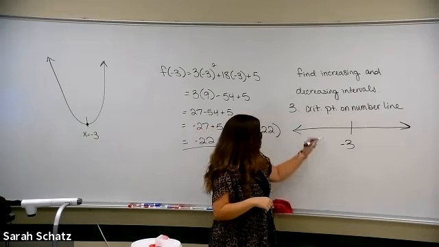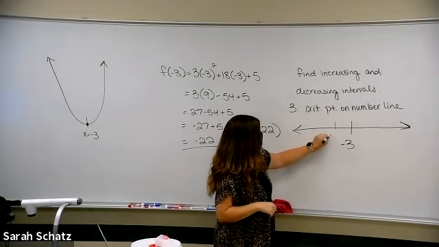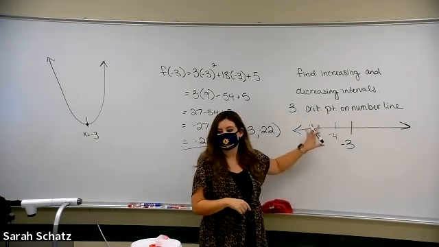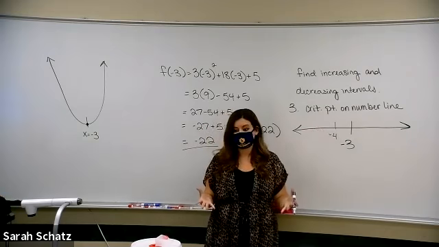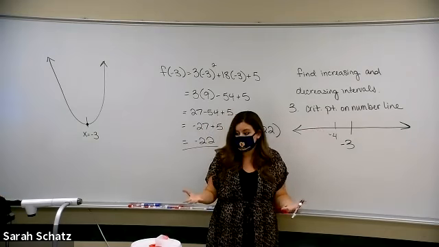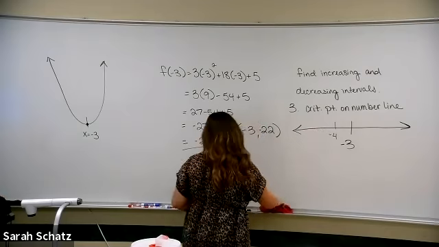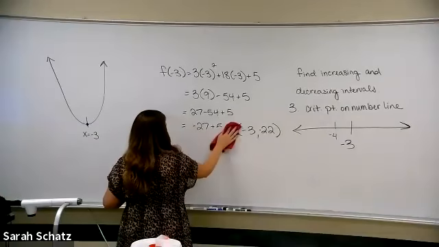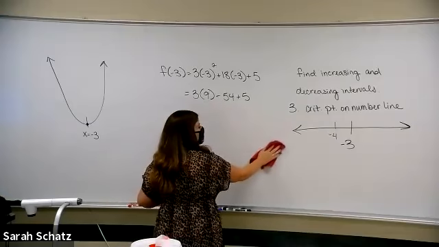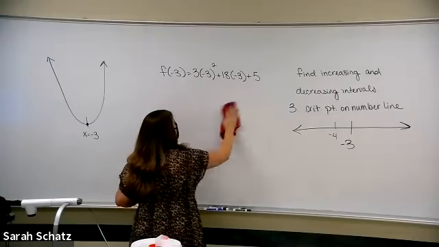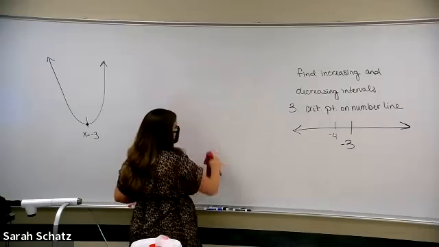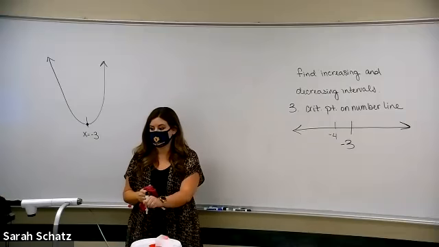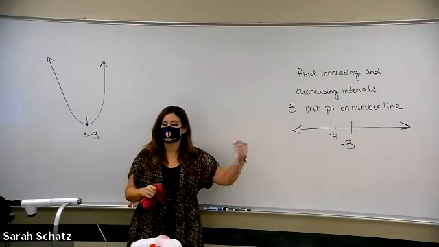Let's test -4. That's over here. You get to pick what you want to test, something easy usually. This is called the first derivative test, which means the test is done in the derivative. I don't put -4 into the original function.